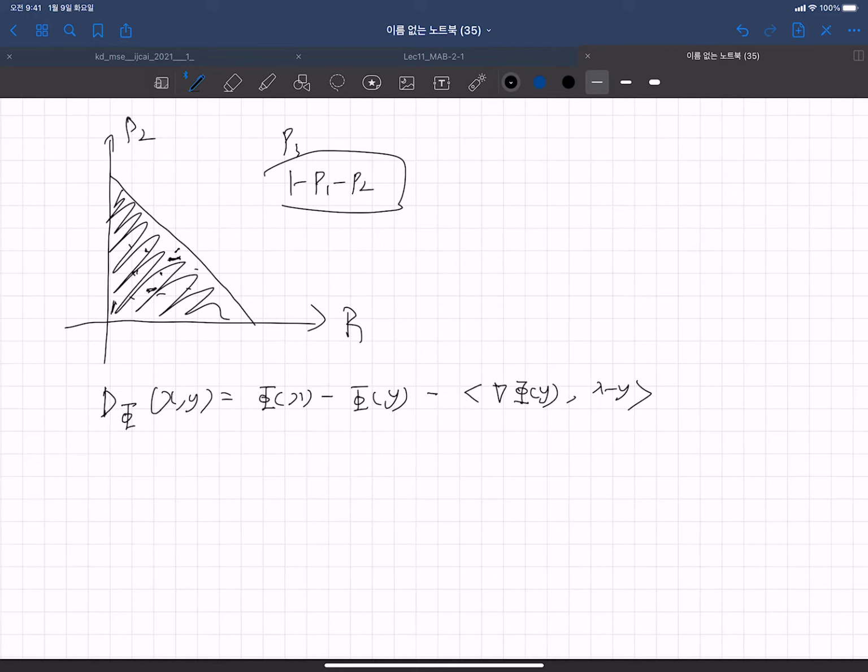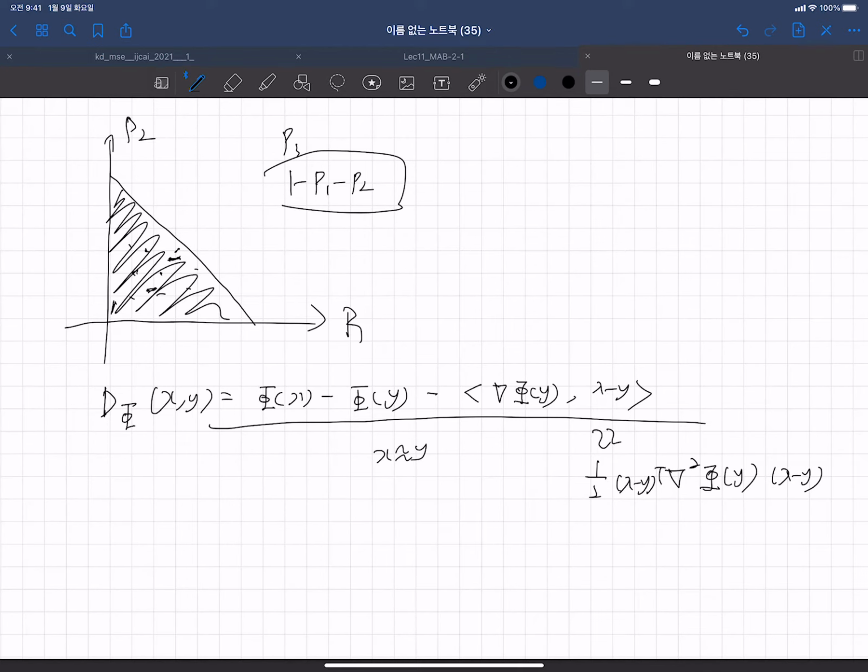And especially when x and y are very close to each other, this Bregman divergence can be approximated by 1/2 Hessian of the regularizer function Psi times x minus y transpose.